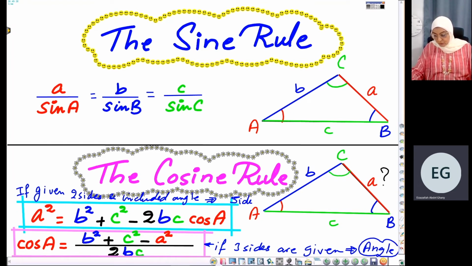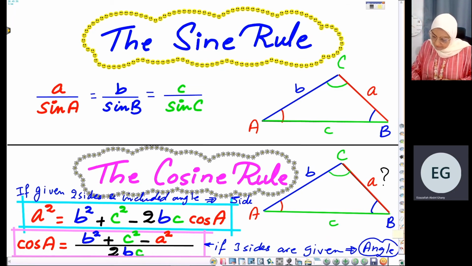Suppose that this side is unknown, so he has to give me 2 sides and the included angle. Watch me. 2 sides and the included angle are given.